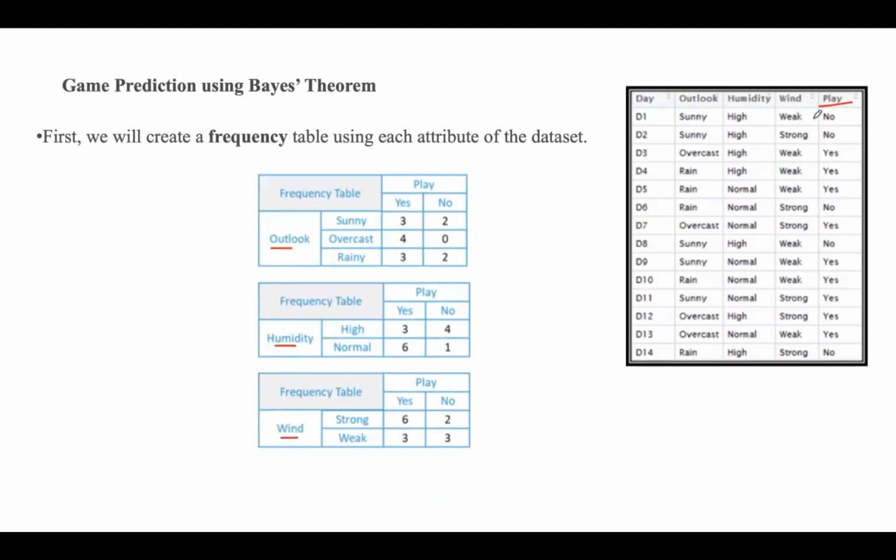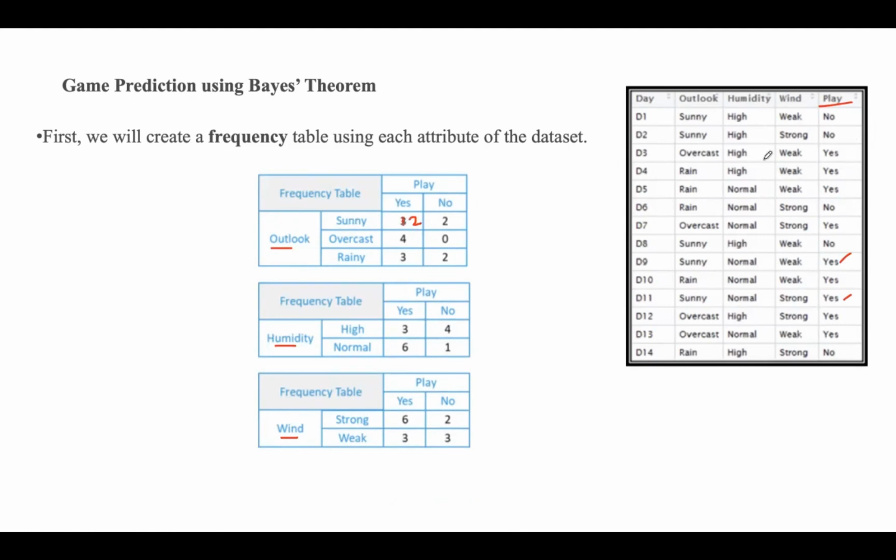Check this table. For outlook we have three cases: sunny, overcast, and rainy. Sunny, yes: how many combinations do we have? 1, 2, only 2. So this is not 3, this is 2.